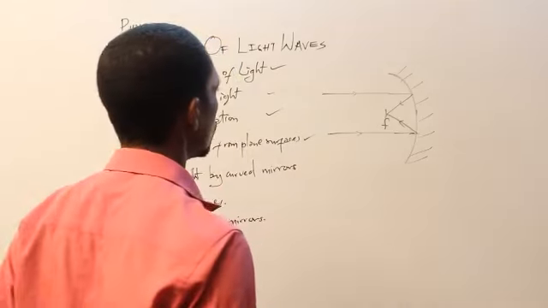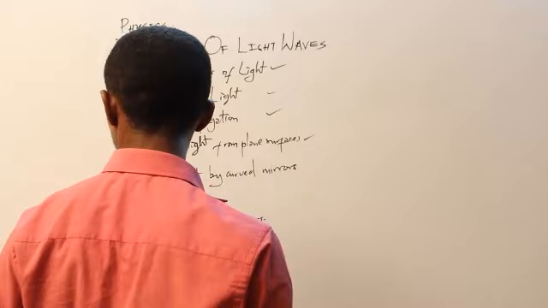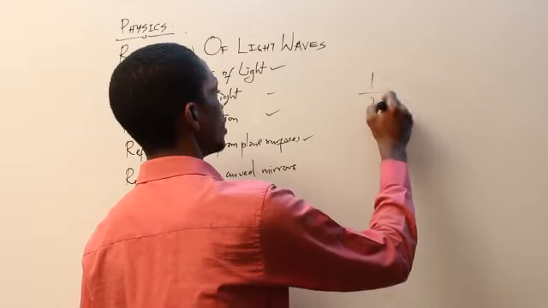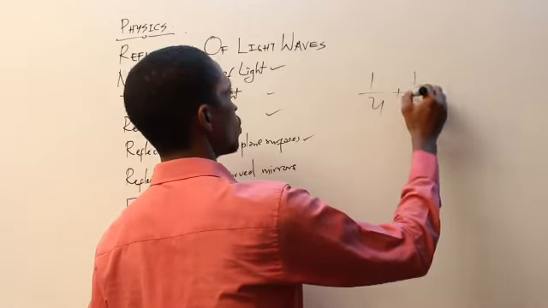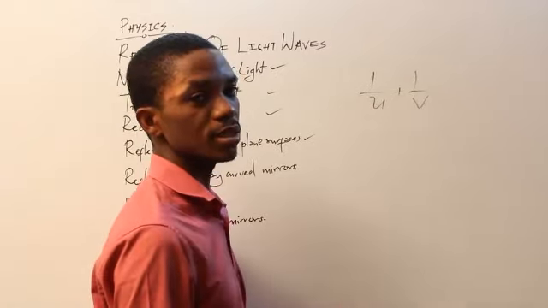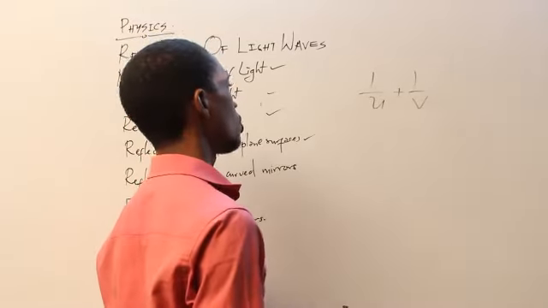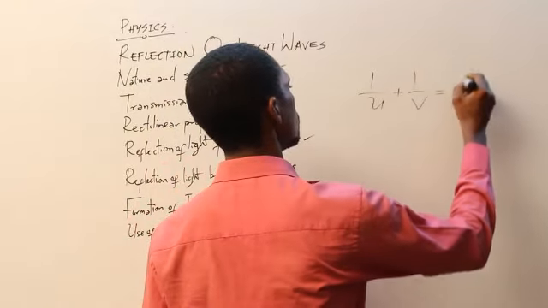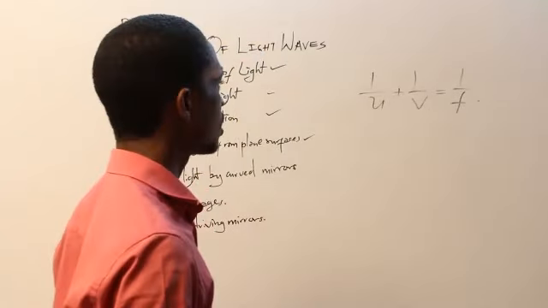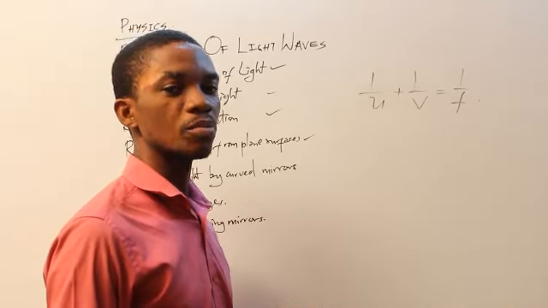Well, when it comes to questions, the formula to ultimately note is that 1 over object distance, U, plus 1 over image distance, V, should give you 1 over the focal length, F. And this is applicable to the concave mirror.